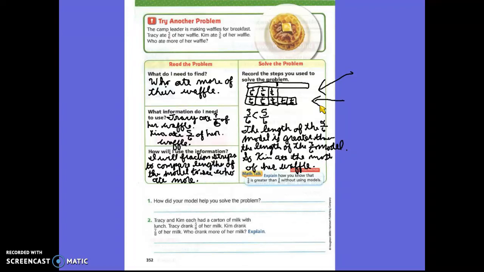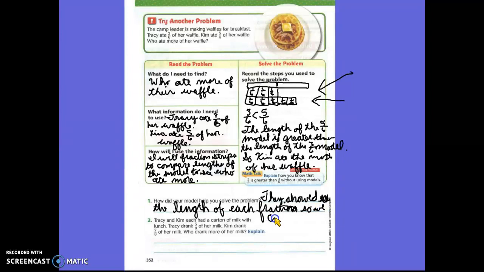They showed us the length of each fraction, so we could compare them.